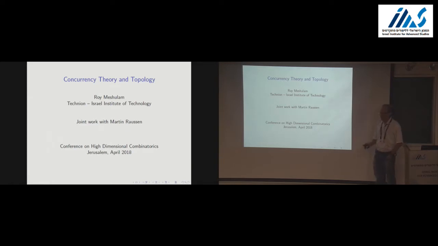This model has some topological or geometrical content, and gives rise to things called path spaces, which are topological spaces which somehow parameterize the possible executions of the program. And we'll be interested in the topological characteristics of these spaces. So these spaces are like moduli spaces for concurrent computation.